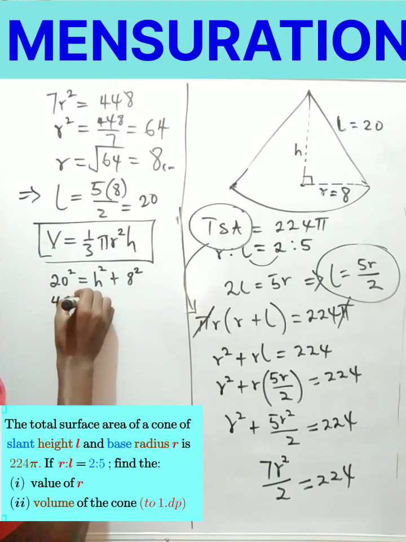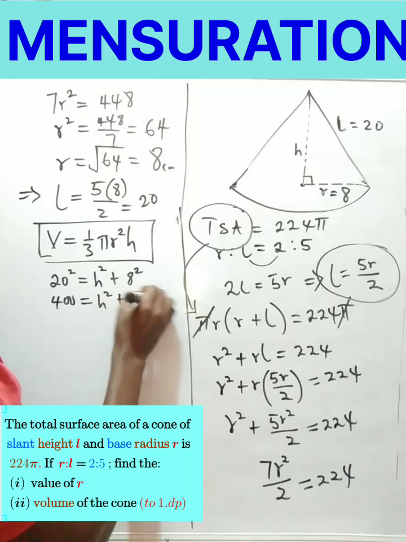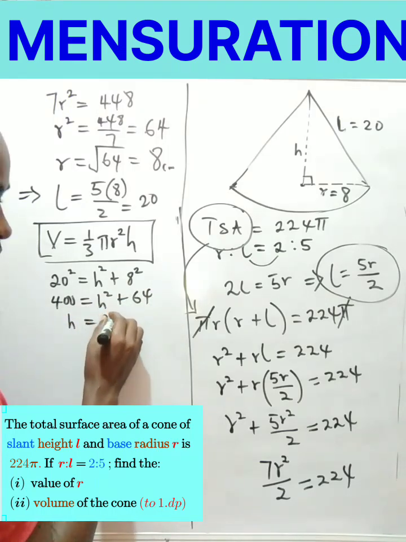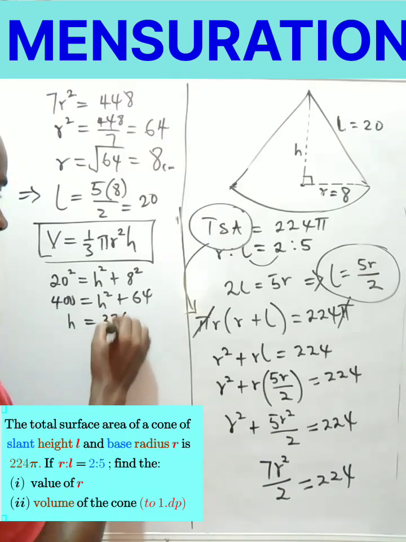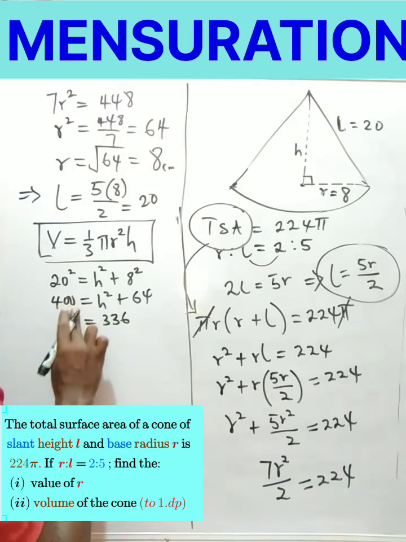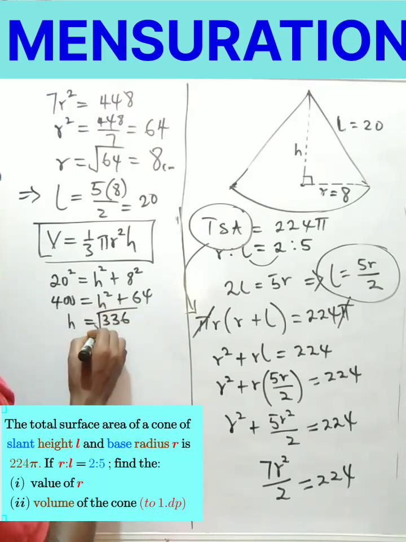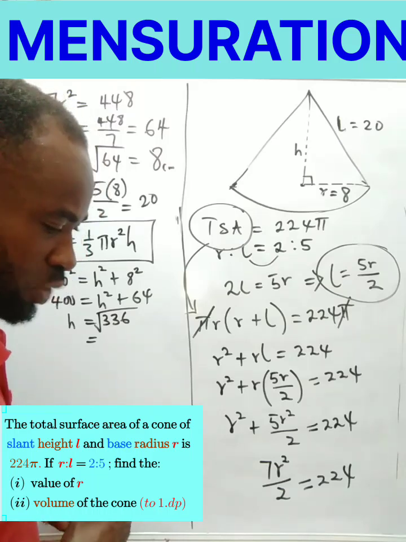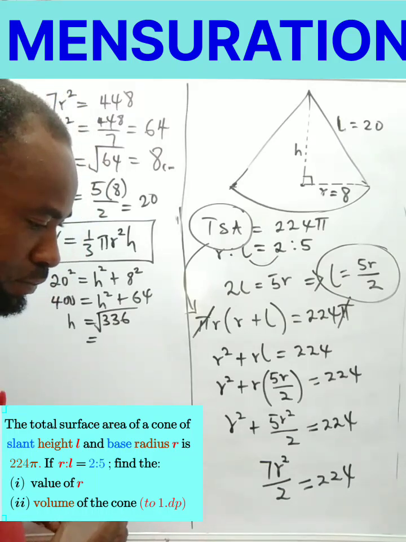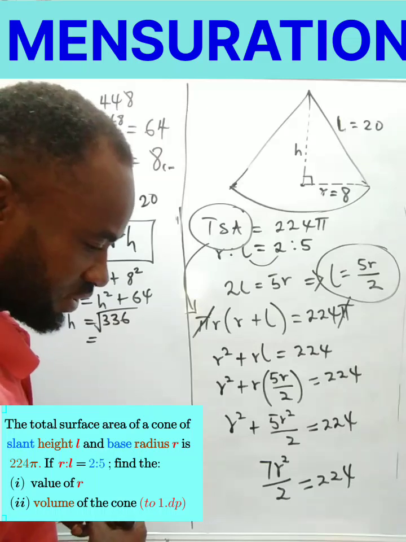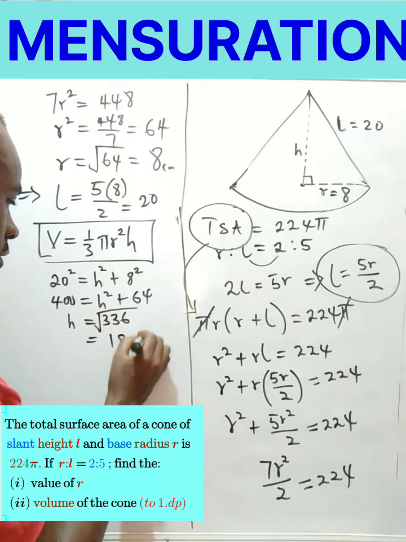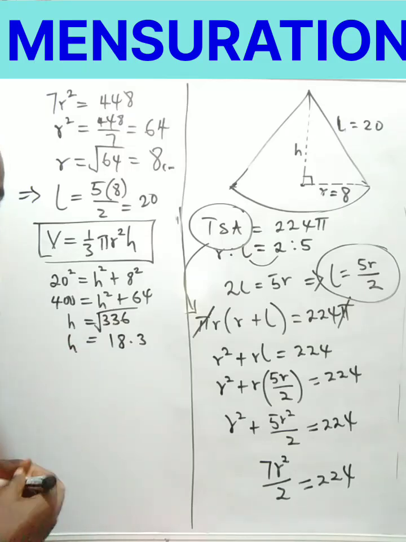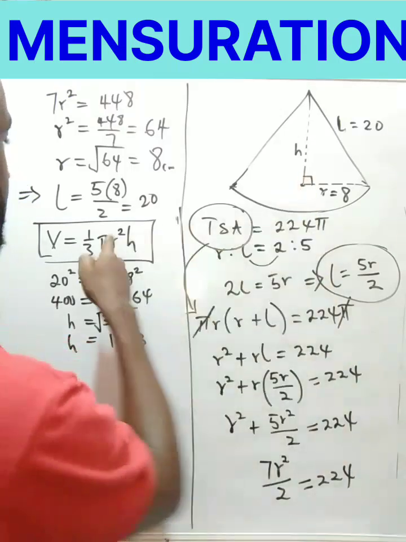So this will give us 400 is equal to h squared plus 64, so that my h is equal to the square root of 336. And when we check the square root of 336, that will give us approximately 18.3. We're going to use this now to get our value for the volume.